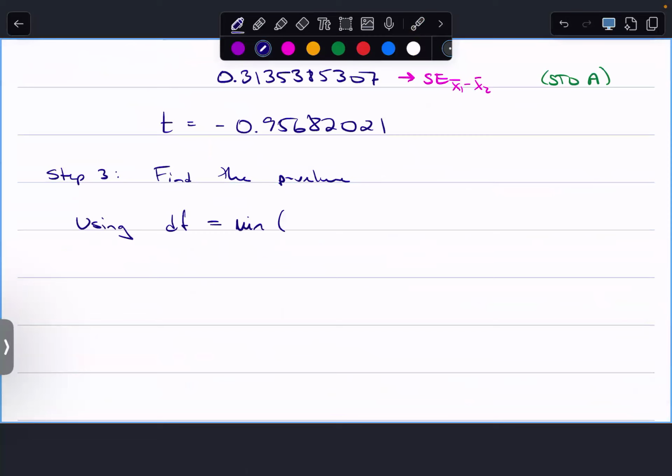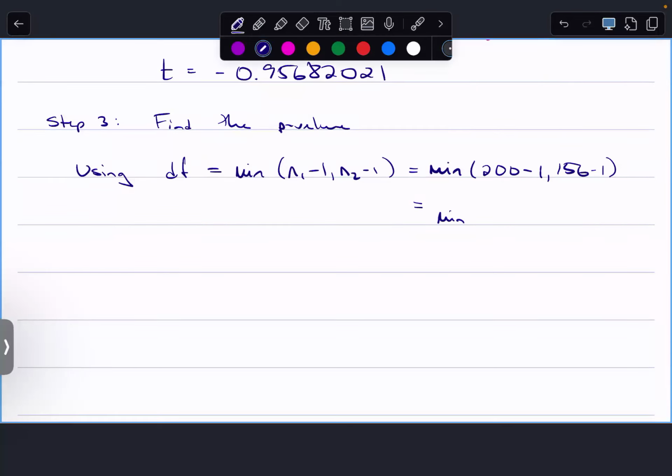So the minimum function of n1 minus 1 or n2 minus 1. It's really going to be the smaller of the two sample sizes minus 1. But how we're going to write that is the minimum of 200 minus 1 or 156 minus 1, which is the minimum of 199 or 155. Well, the minimum of those two is 155.